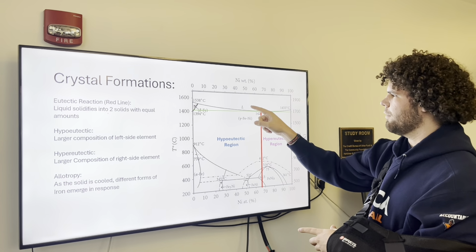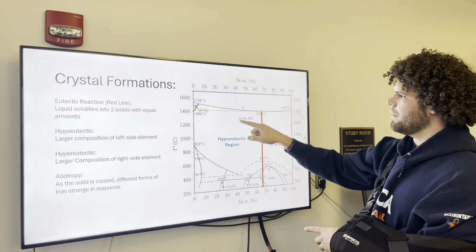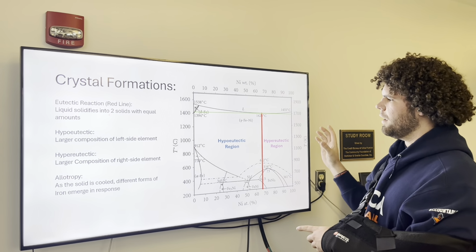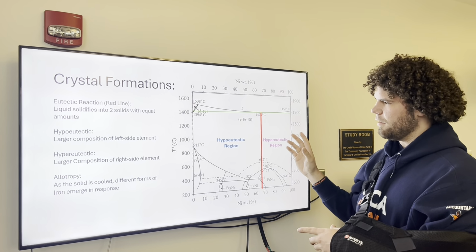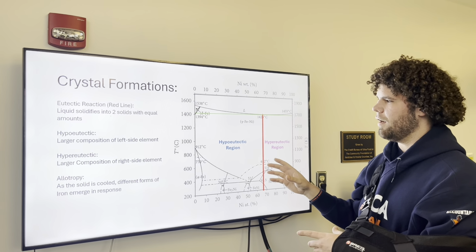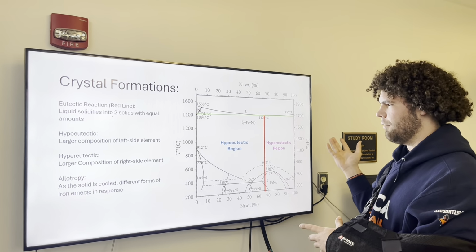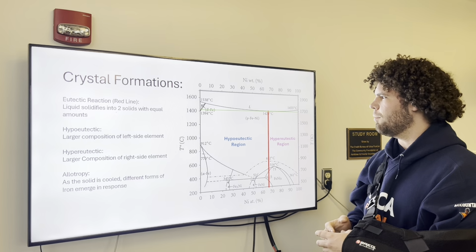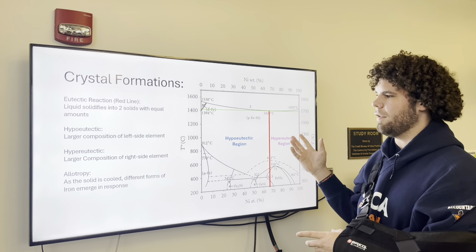So instead we look for this liquid to straight gamma iron plus nickel. That's our eutectic reaction. And then on either side of that, you have similar solids. On the left side, you have a hypoeutectic composition, and on the right, a hypereutectic. That'll be shown later with the lever rule, but there it is on the graph.